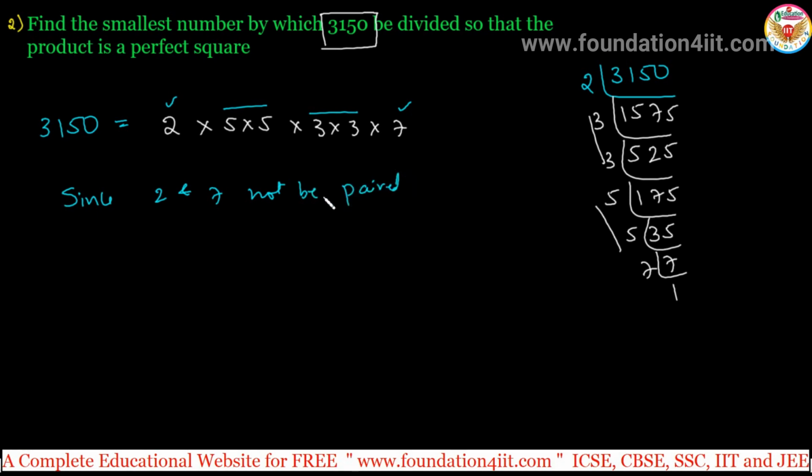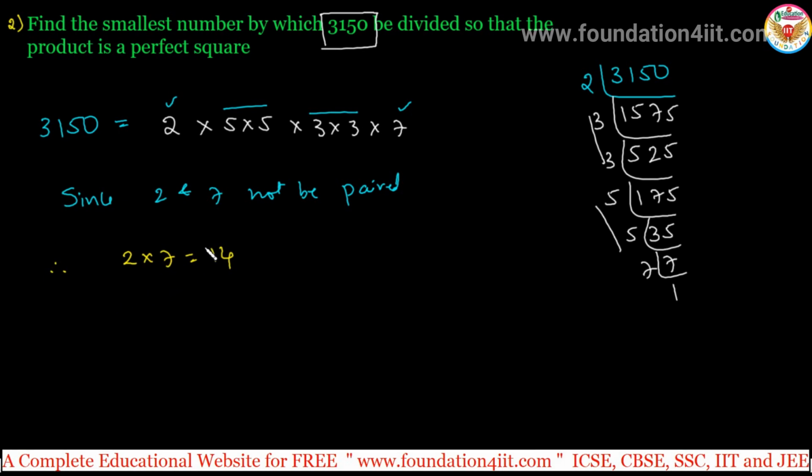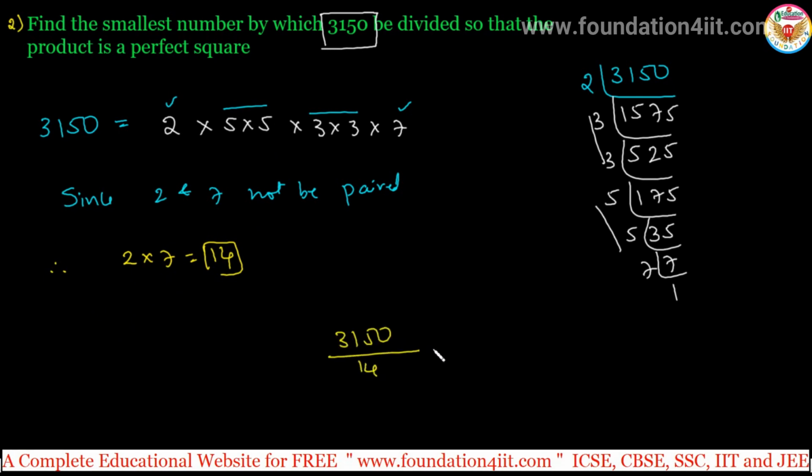That means the given number should be divided by 2 into 7. So 2 into 7 is equal to 14. So 14 must be divided to make it a perfect square. You can check this in rough work: 3150 divided by 14, you'll get an answer that is a perfect square.